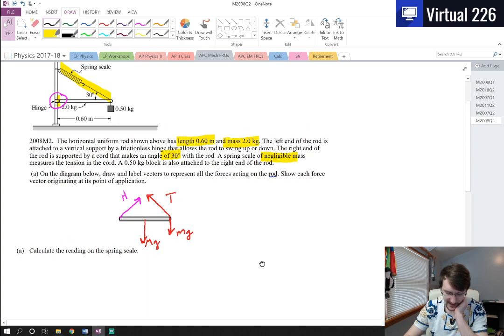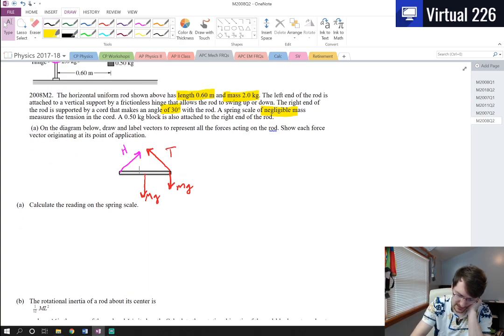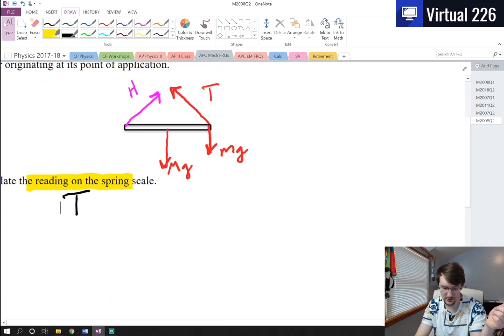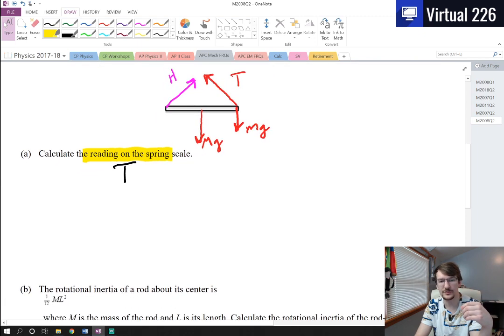Now what we have to do is calculate the reading on the spring scale. And when they're asking us to calculate the reading on the spring scale, what they're really asking us to calculate is the tension itself. So in order to do this, we need to set the torques equal to 0 because this is in a static equilibrium.